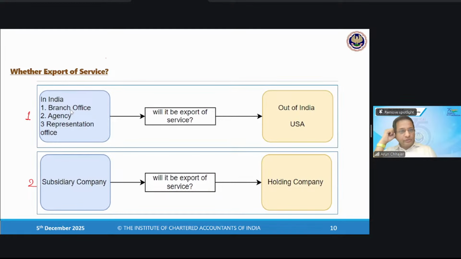Okay. Yogesh is saying 1 no, second yes. Ayush is saying first. Okay. Let's see.